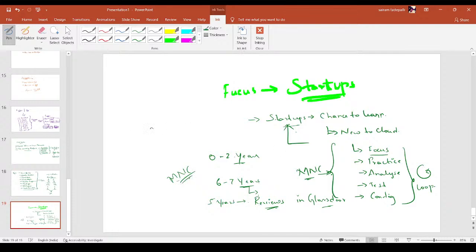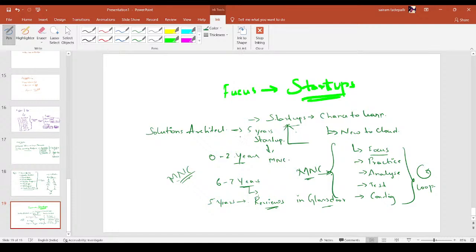For example, as a solutions architect, you got a job in a 5 year old startup, and then you want to advance your career into an MNC.